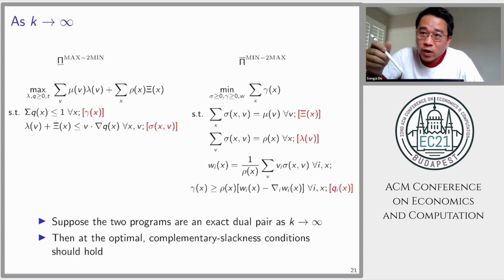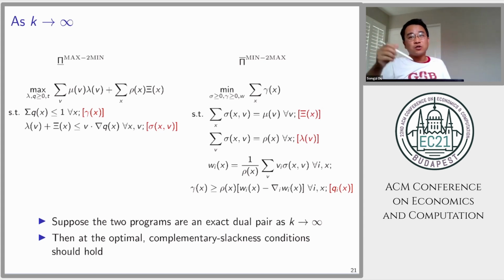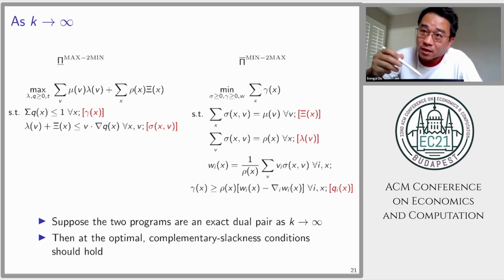So the takeaway is that in the continuum, they are duals of each other. Then we can write out the multipliers here. This is very helpful when we actually want to analytically solve these two problems.